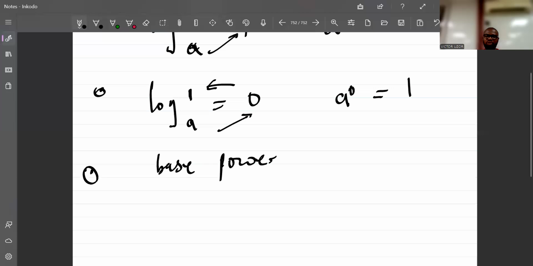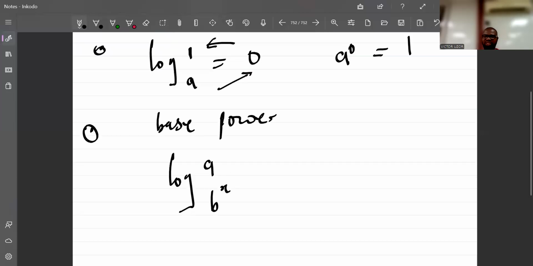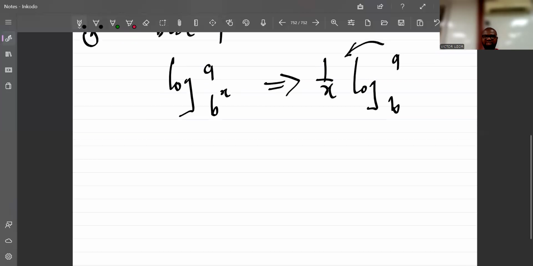This one, you have log A B raised to power X is the same thing as 1 over X log A B. Remember, if the power is for the logarithm, you take it here, it will just be X. But if the power is for the base, it's going to be the reciprocal of that.